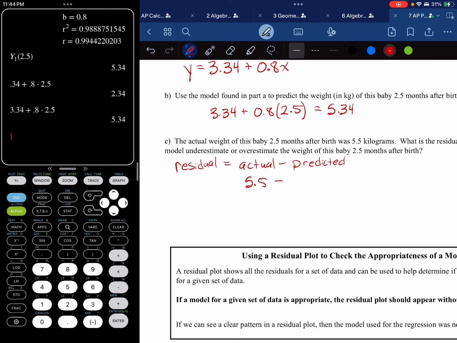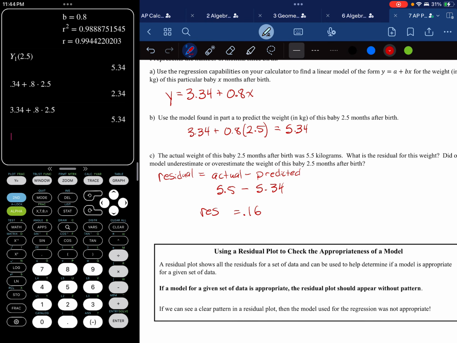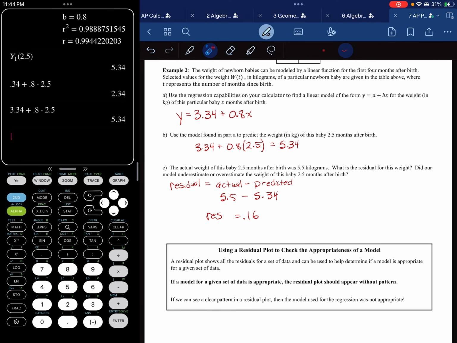The predicted weight was 5.34 from above. If I subtract those, this is going to be 0.16. So that's our residual. The residual is 0.16. And it has another question: did our model underestimate or overestimate? Well, our model was 5.34, which is underneath the actual 5.5, so we were an underestimate.